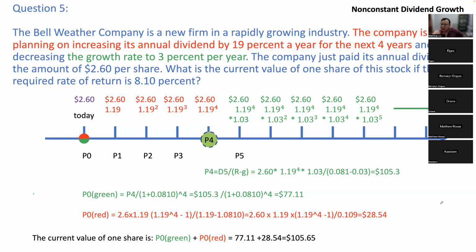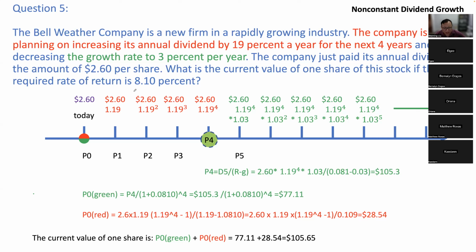So yeah, if you are not clear, come back and rewatch the video to make sure it makes sense. The challenging part is probably this formula, because this green part is the formula you are using all the time, and the second part is to discount P4 to P0, okay?